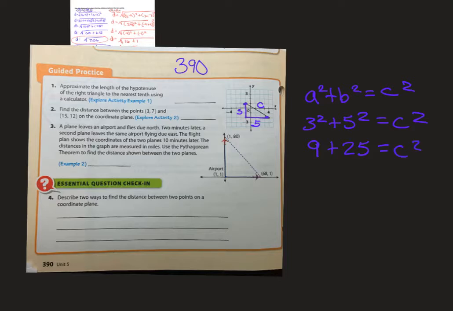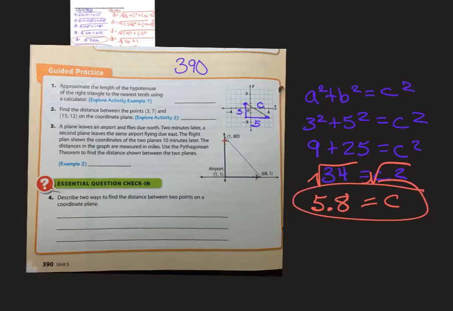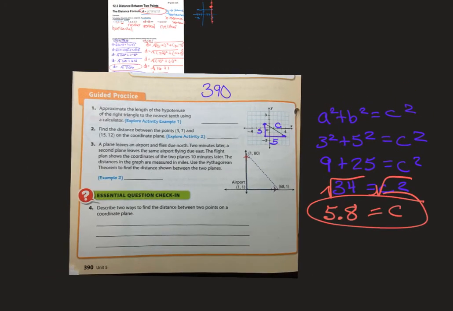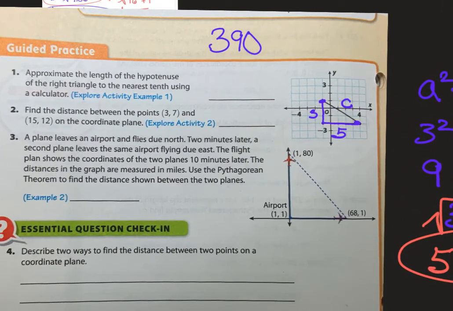Add them together. 34 equals c squared. The last step is to find the square root. So you're going to use your calculator, second square root, 34. And you're going to get 5.830, so you're just going to round to the nearest tenth. So c is 5.8. And we're going to label that units. 5.8 units.